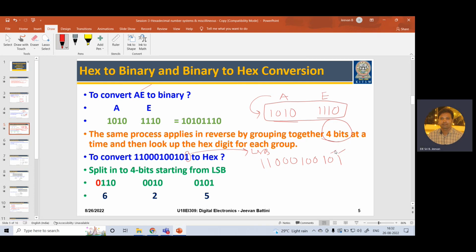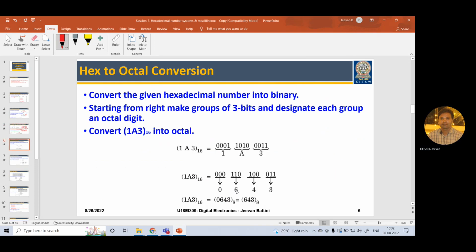Start splitting from the right side into 4 bits. If there are only 3 bits left, append a 0; the value doesn't change. So this is 6, this is 2, this is 5, and the final answer is 625 in hexadecimal. This is how we convert binary to hexa and hexa to binary.